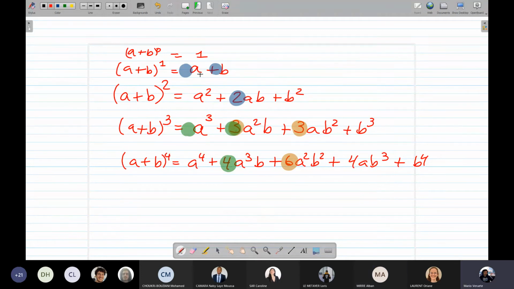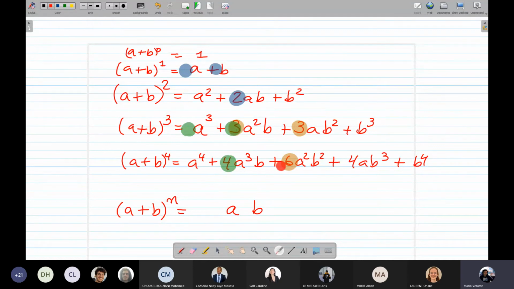So if you take the general case here, and you say a plus b power n, this is something with a, something with b, because we have a power something, b power something, and a coefficient. And we have a sum because we are adding things.